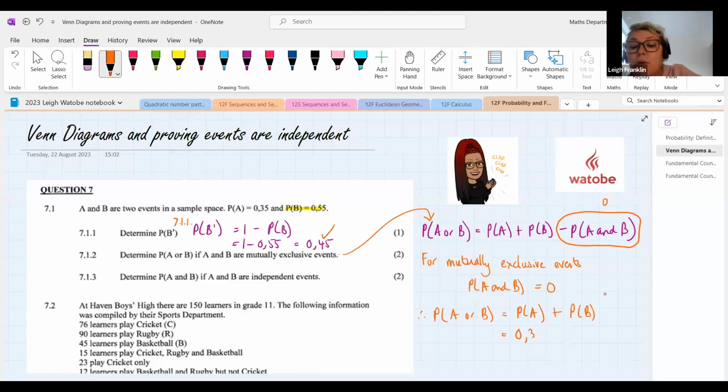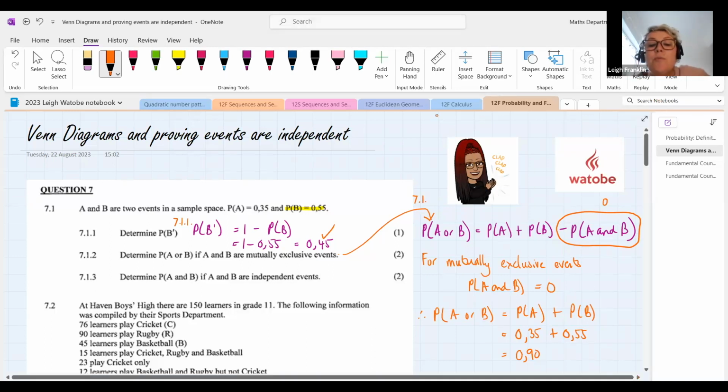So that would be 0.35 plus 0.55. Okay, so that would give us 0.90. Okay, let me just clear that up over there. Yes, the furthest bracket wouldn't be there. Quite right, Lebogang. That's another way of looking at it. Okay, so that's question 7.1.2. Good, well done, everybody.